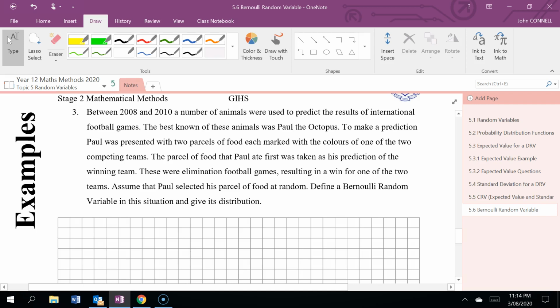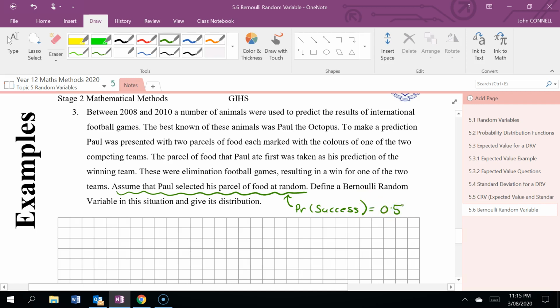Now, these were elimination football matches resulting in a win for one of the 2 teams. Assume that he selected his parcel of food at random. Now that's really key, that sentence. So that means that the probability of success, him actually getting the right team, is 0.5.